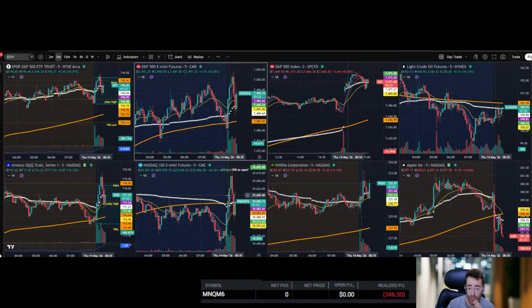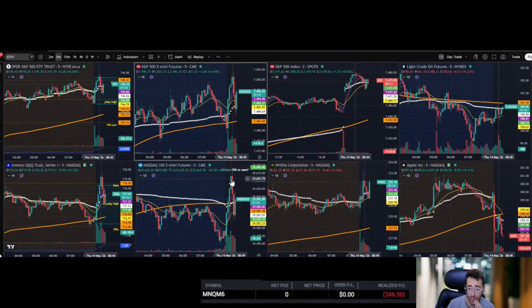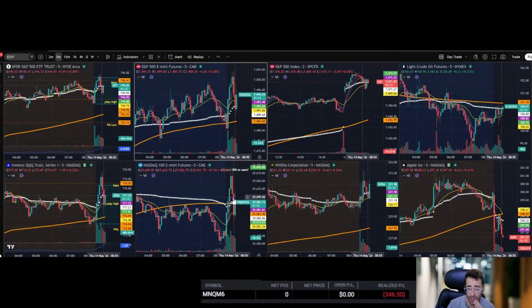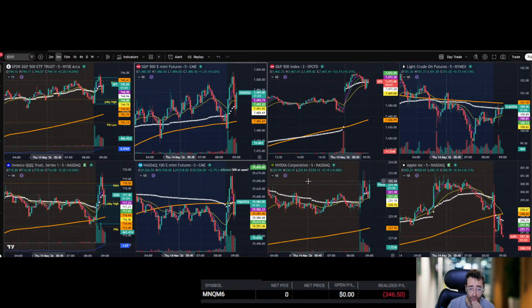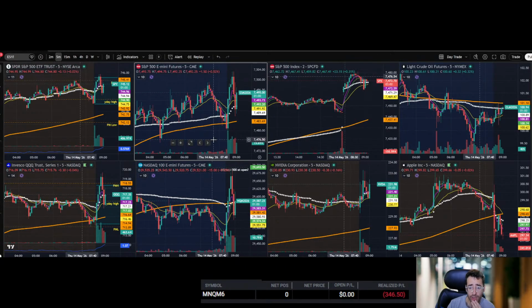And the problem is I got in on this stock, and this one was stronger. So the fact that I went short when this one was stronger made it even tougher to hold, because it was moving higher than ES was. So just too early to the party there.